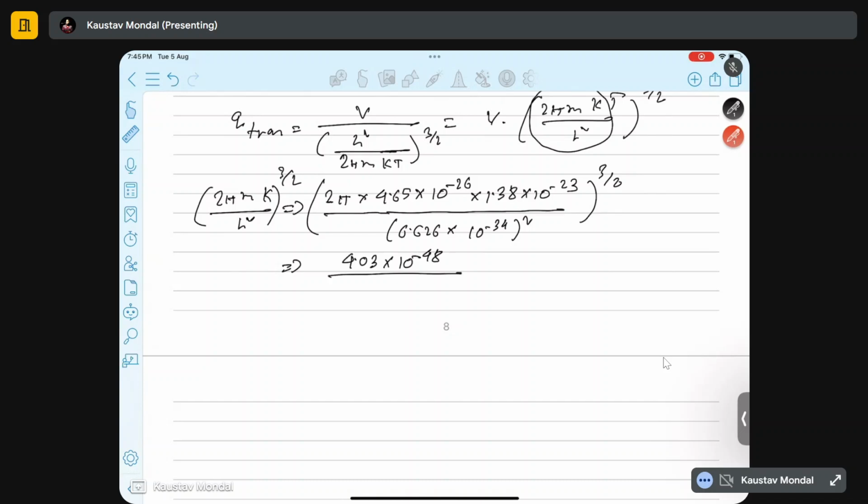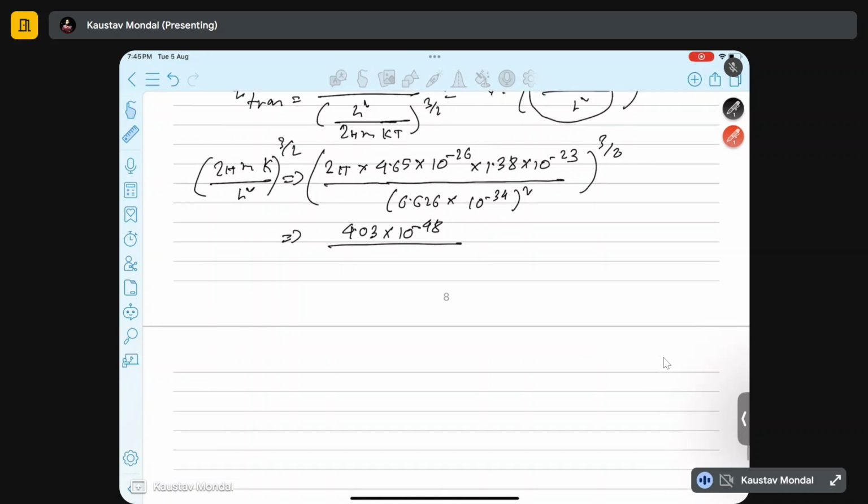Next you have to do the square of the Planck's constant. This is 6.626 into 10 to the power minus 34 square. So this gives you around 4.39 into 10 to the power minus 67.